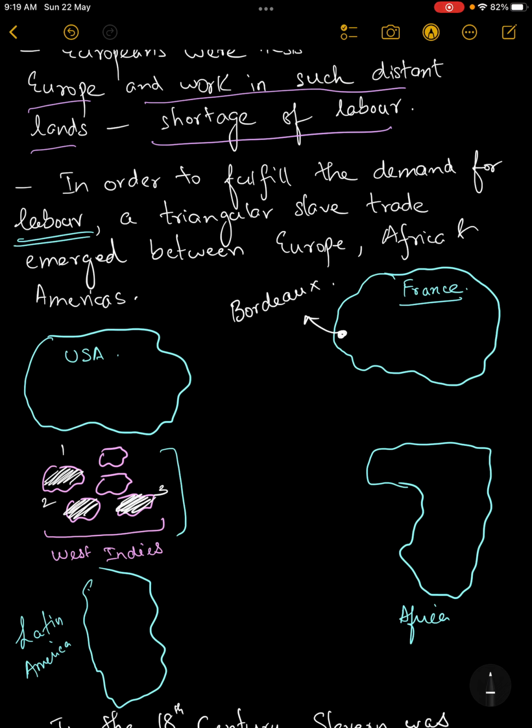It's a beautiful French city, very famous for its red wines. The second city is Nantes. Again, a famous city, famous for its cheese, but at that point of time, also famous for its slave trade. So Bordeaux and Nantes emerged as the hub of slave trade in France.